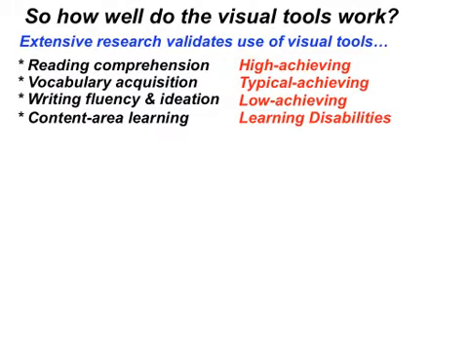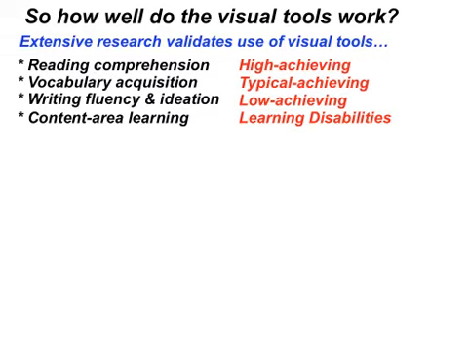So the question before us is, how well do these visual tools work? Now, in earlier presentations, I've mentioned that there's an extensive research basis that basically validates the use of visual tools for doing a wide range of things like improving reading comprehension, teaching vocabulary, increasing writing skills, facilitating content area learning like learning math, science, and history, and so forth.